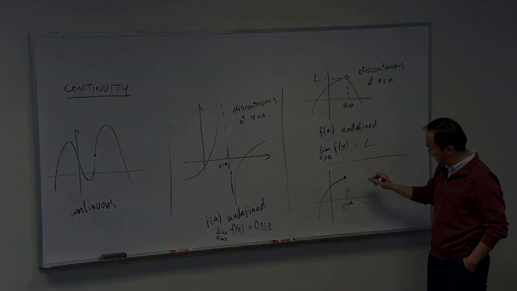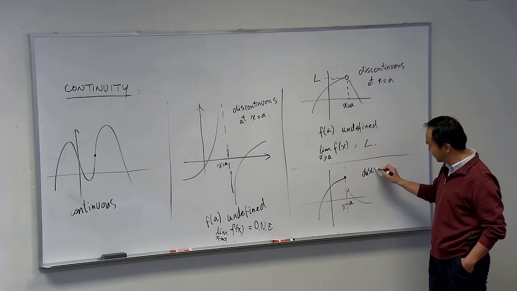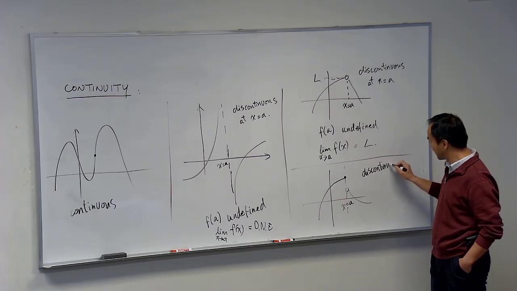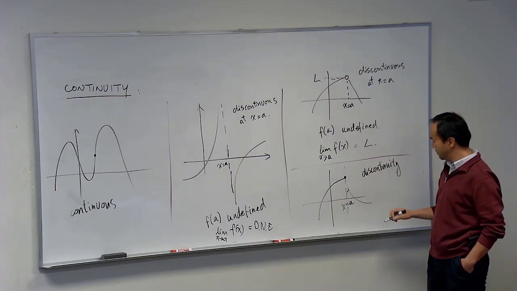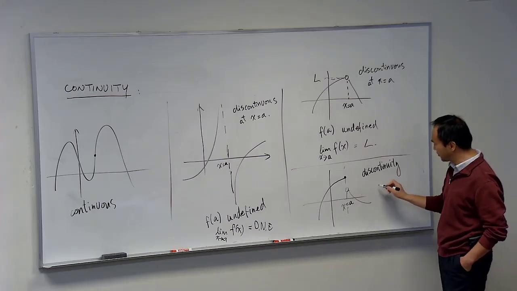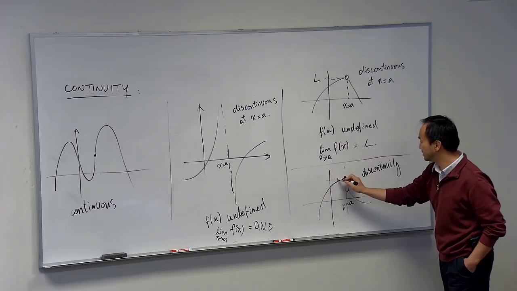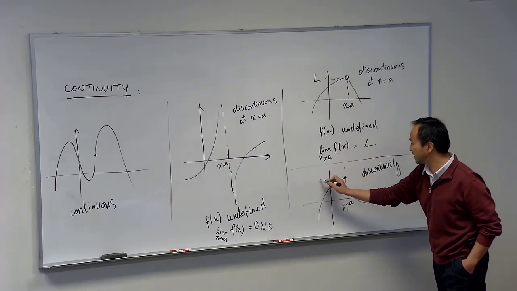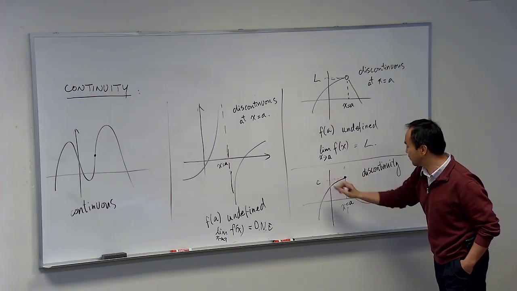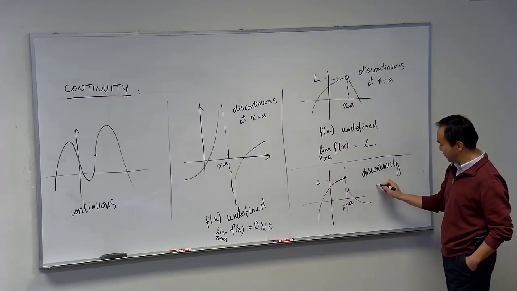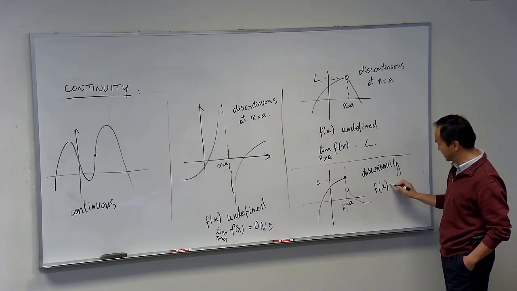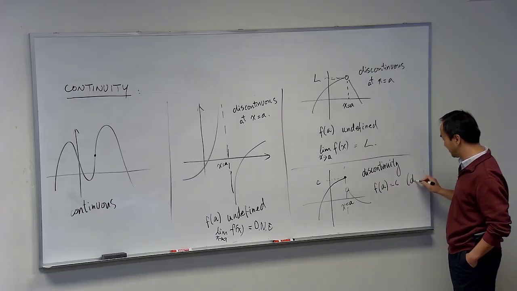In this case, it's another discontinuity that we can recognize. But what's happening here is that the function value is defined. Let's say we put that here as some value C, for example. So the function value at a is defined to be C. It's defined.